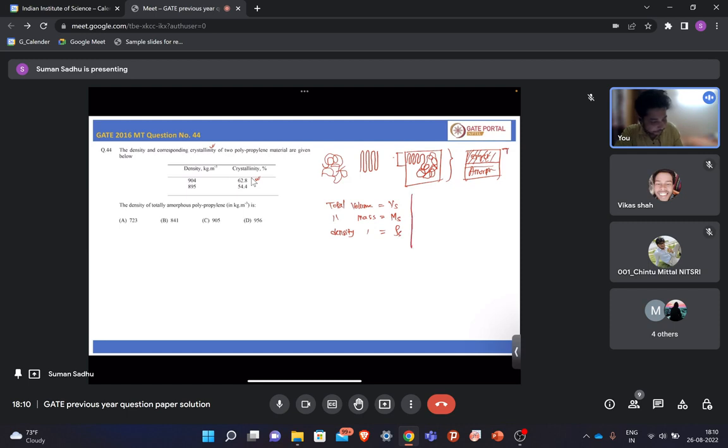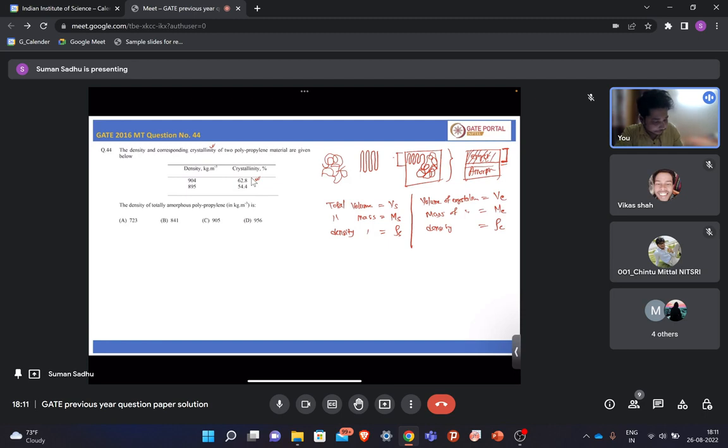For the crystalline part, the volume is Vc, the mass of the crystalline part is Mc, and the density is rho c.